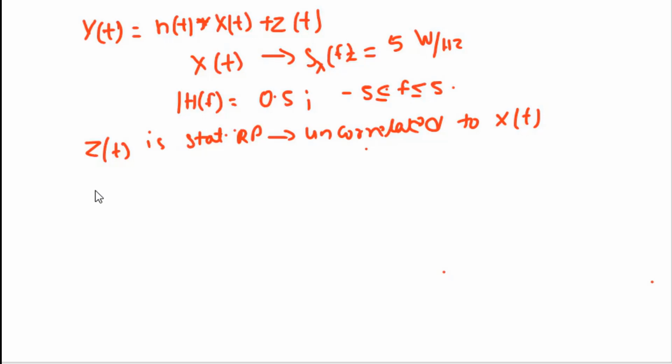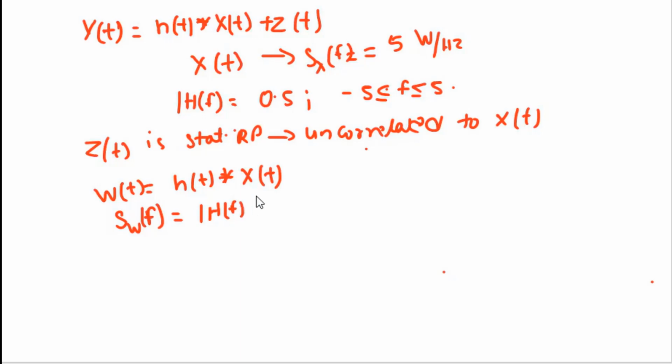Now let's assume w of t as h of t convolution with x of t. So you can write S w of f in PSD form from the useful data slide, which is H of f squared into S x of f.